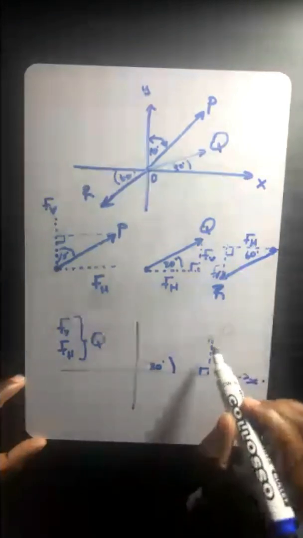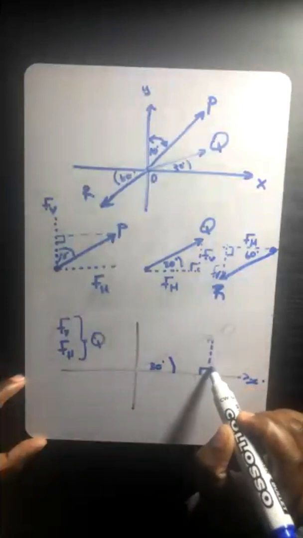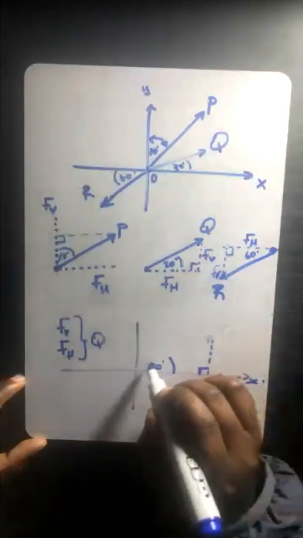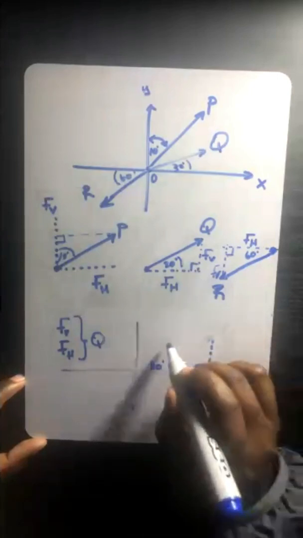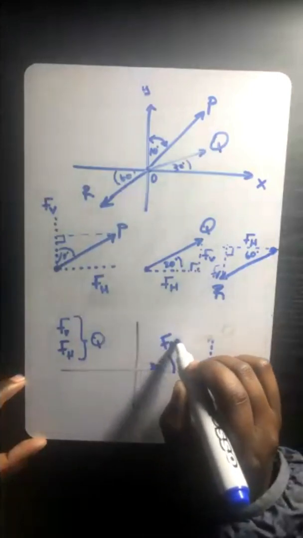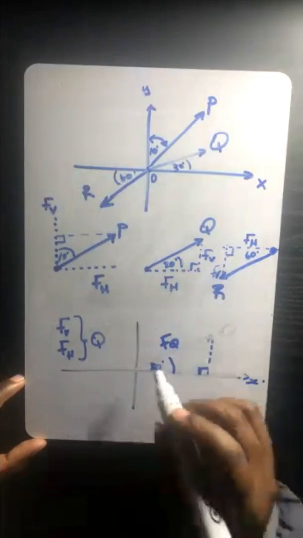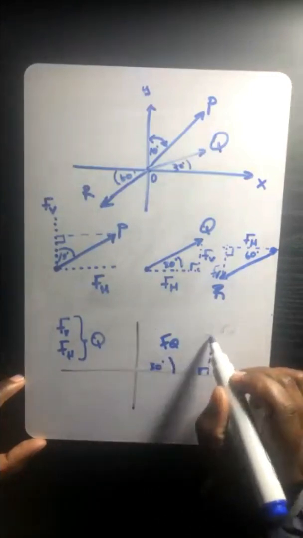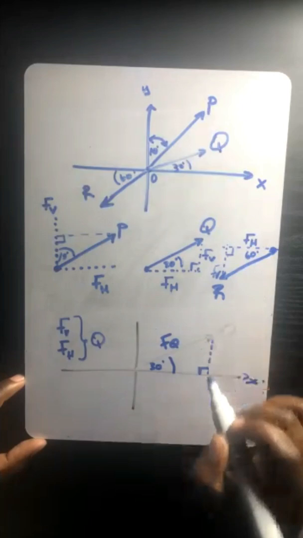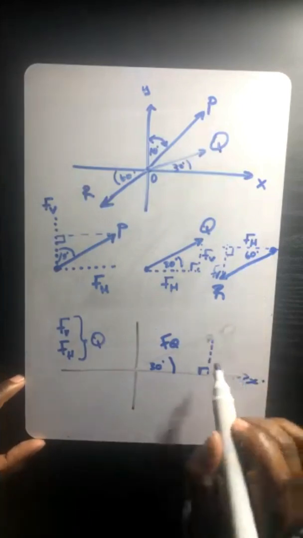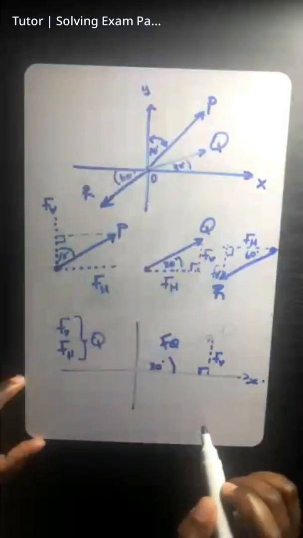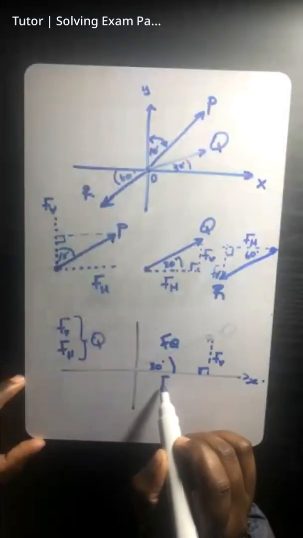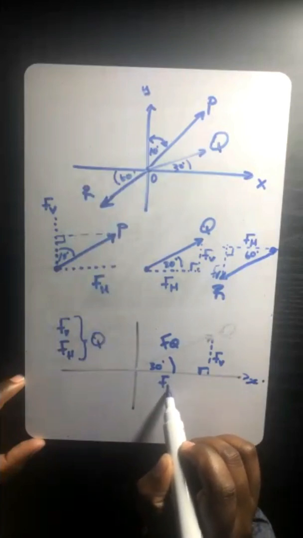That is why you also have a 90-degree angle there at the x-axis, which means this side is the hypotenuse. This is the force Q. Because this is the hypotenuse, in a right-angled triangle we have the opposite, which is going to be force vertical in this case, and another side, which is force horizontal.